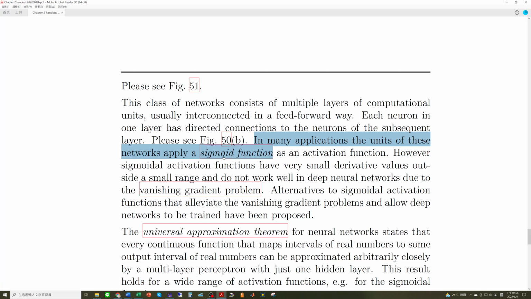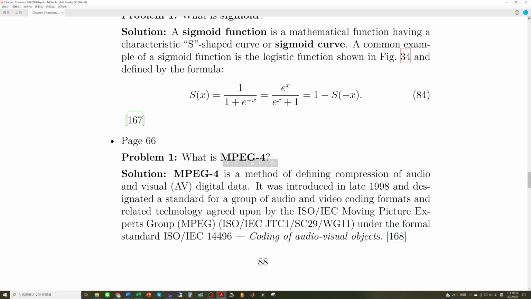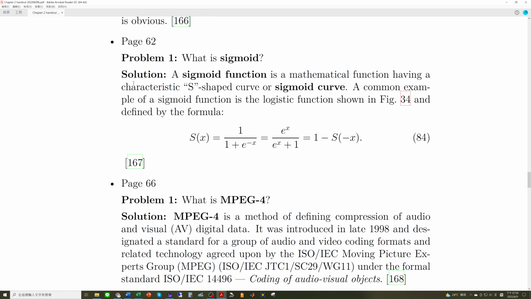If you forget, you can click on this hyperlink, and the handout will jump to the solution to problem 1, what is sigmoid, on page 62. Let us go back to the sigmoid function.